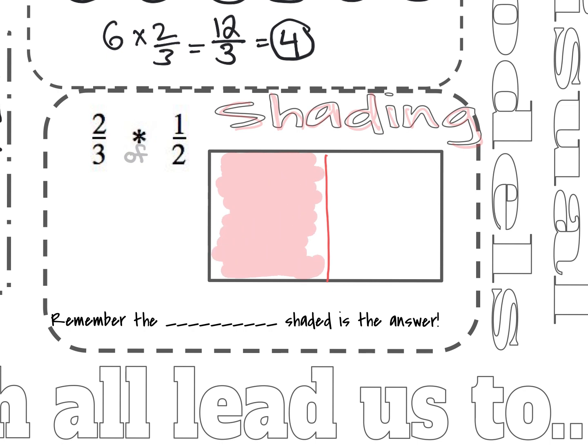So that almost represents like part of the pan of brownies that we have left, but that's that half. And then I'm going to now take 2/3 of that, so I'm going to split it into thirds, cutting it the other way, kind of like we're cutting pieces of brownies. Now, when I do my shading, I'm going to shade 2/3.